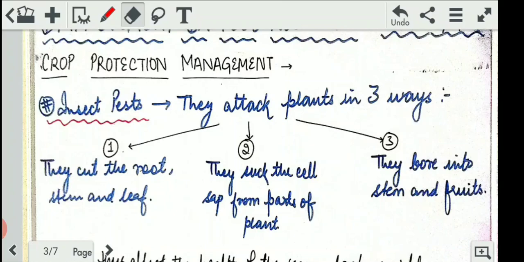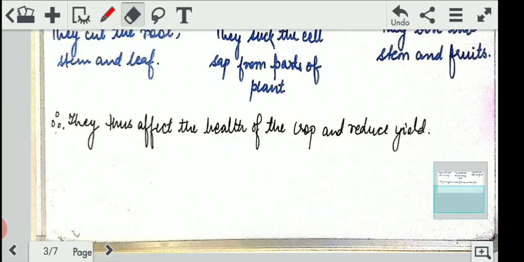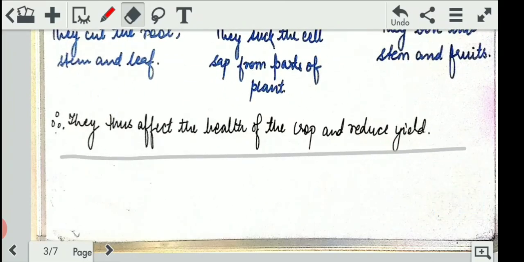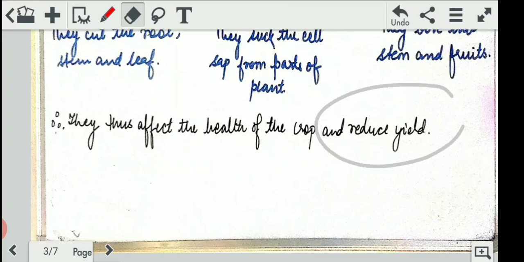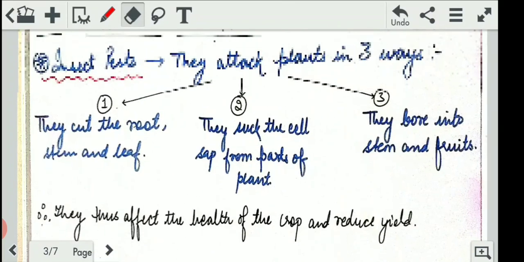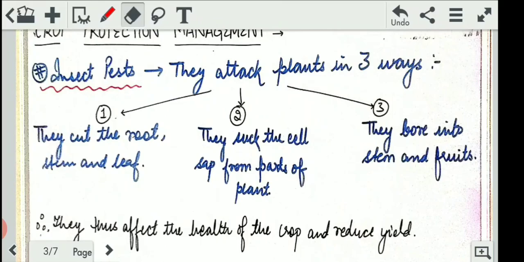Whatever fruit the plant gives, or the stem the plant has, they go and inhabit them and make their home in them, which can cause great destruction to the crop. This is how insect pests work. They affect the health of the crop and reduce the yield.